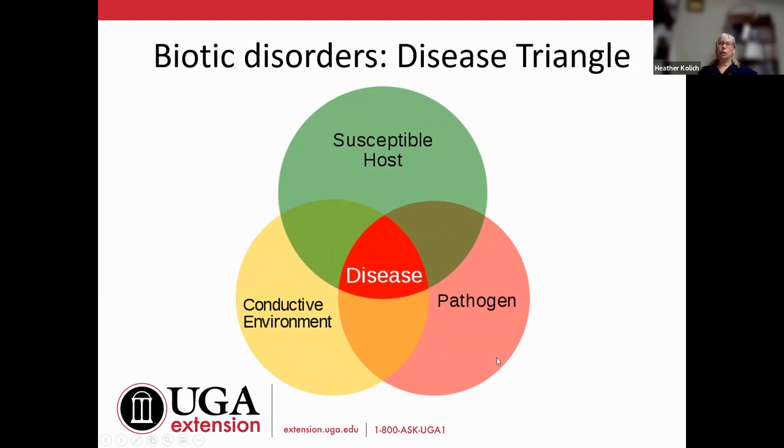The pathogen is present in the environment along with that susceptible host. And then we need to have a conducive environment to allowing that pathogen to proliferate. So when these three things come together, we get disease.